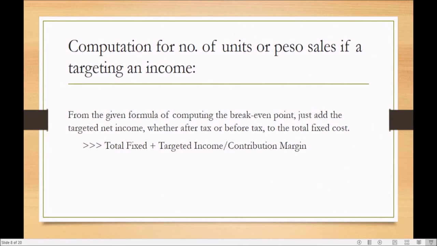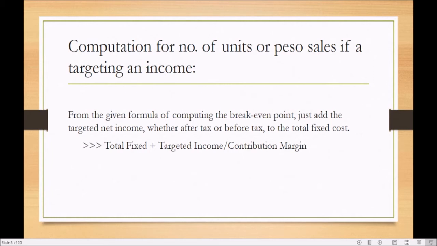Well, we will use the break-even point formula, but we will just add to it. From the given formula of computing the break-even point, just add the targeted net income, whether after tax or before tax, to the total fixed cost. All you need to do is take the total fixed cost, add the targeted income, then divide by the contribution margin per unit or ratio, depending on what we are computing, units or peso sales.